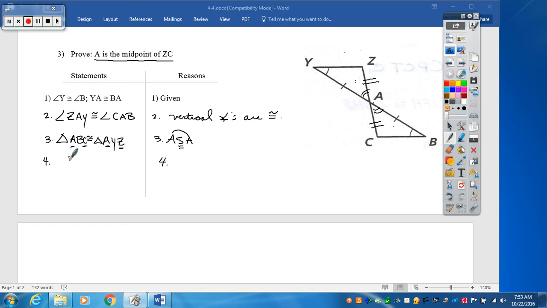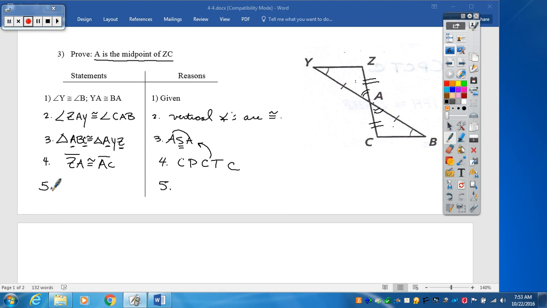So I'm going to go ahead and say ZA is congruent to AC by CPCTC, corresponding parts of congruent triangles. These segments are parts of the two triangles we've already proven congruent up there. Now, if those two segments are congruent to each other, can I state that A is the midpoint of ZC? You betcha.